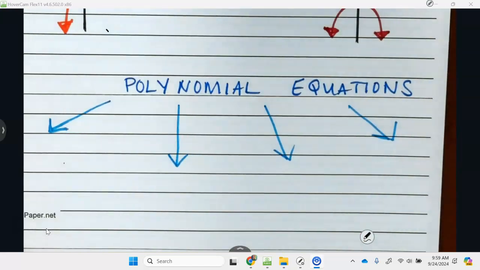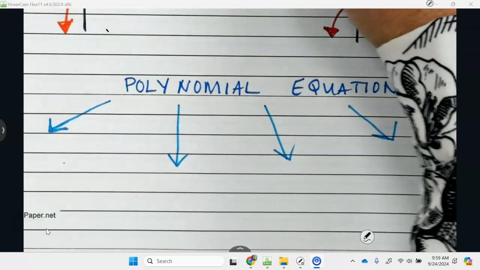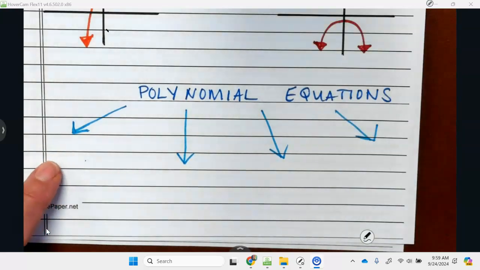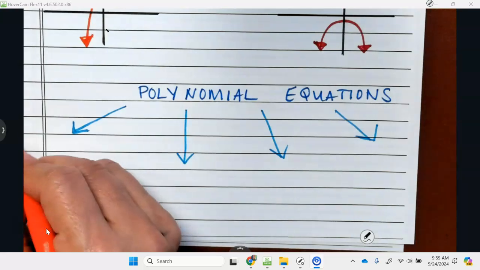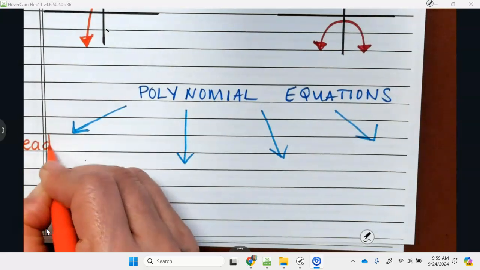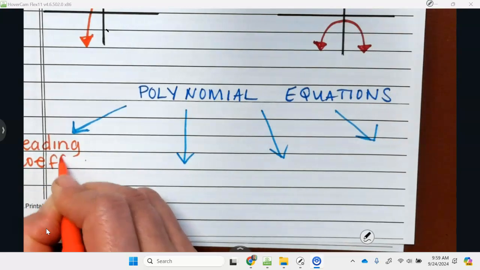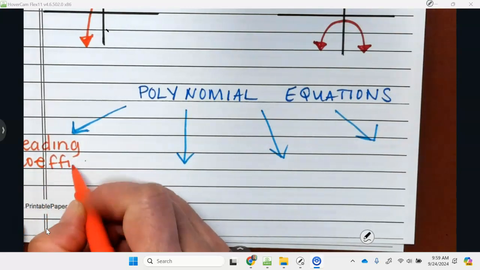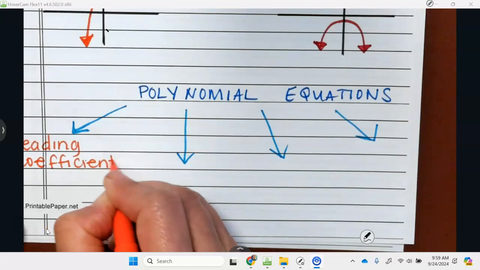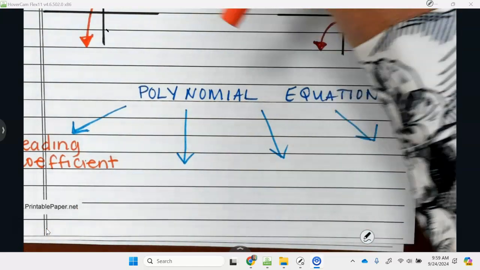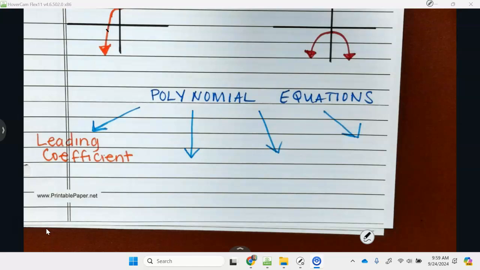Okay, all right, so here's what they provide us. First of all, the leading coefficient is the number in front of the highest exponent.